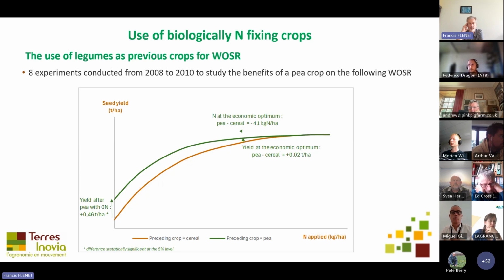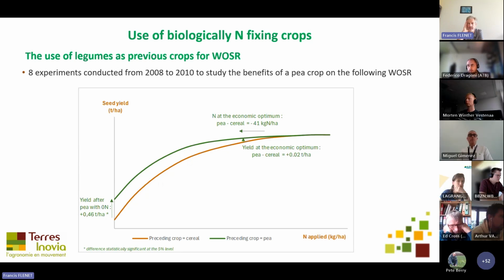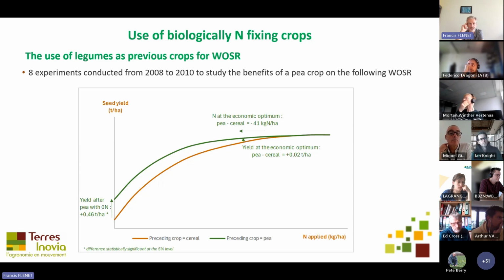There was also an economic benefit, because the economic optimum after a pea crop was about 40 kilo less nitrogen than for oilseed rape after a cereal crop. And there was no yield difference between those two treatments.